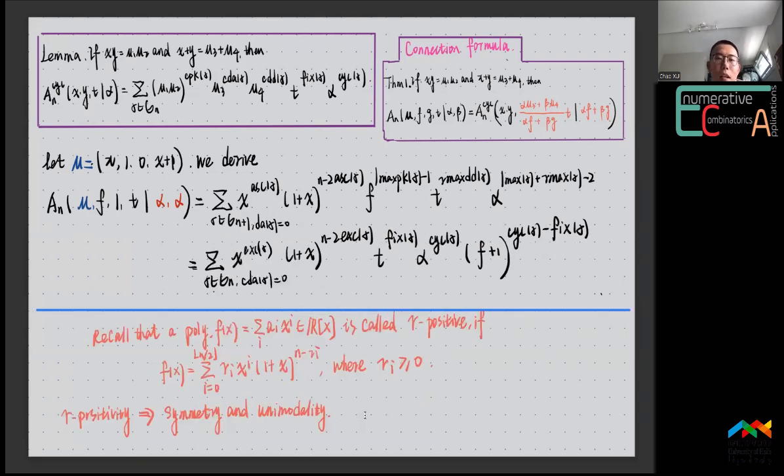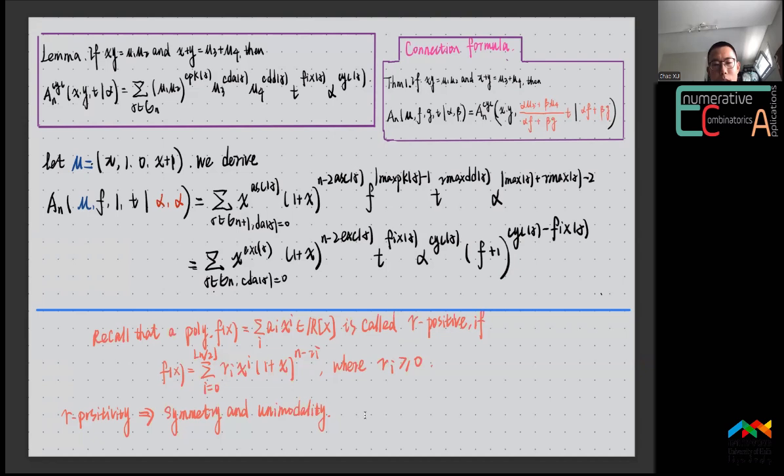this gamma-positive expression. A polynomial is gamma positive if it can be expanded in terms of x^i(1+x)^(n-2i). If the gamma_i are non-negative, we call this polynomial gamma positive.